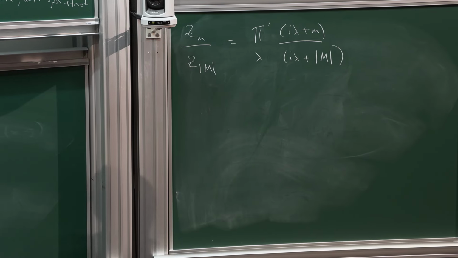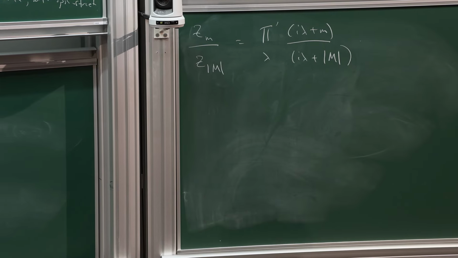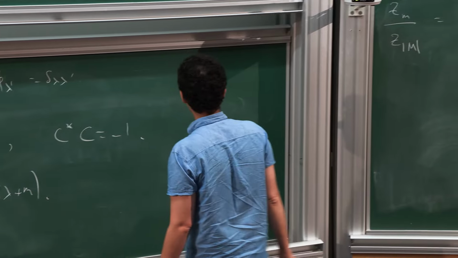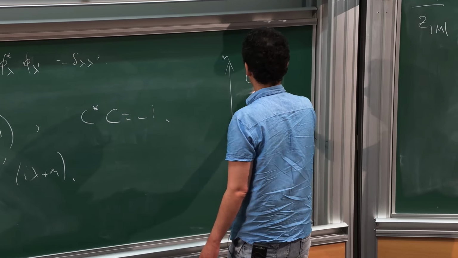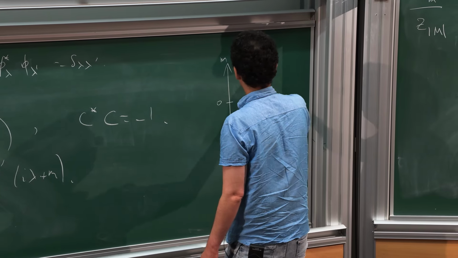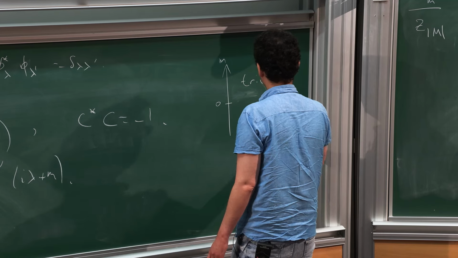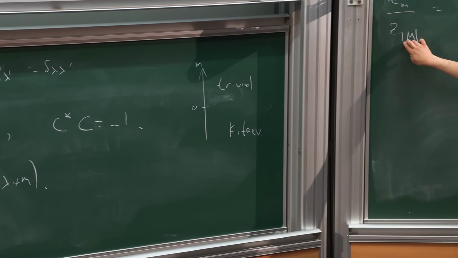So this is the ratio of partition functions. Remember, you have this mass, so here's maybe trivial, there's 0, Kitaev. So let's say positive mass is the trivial.